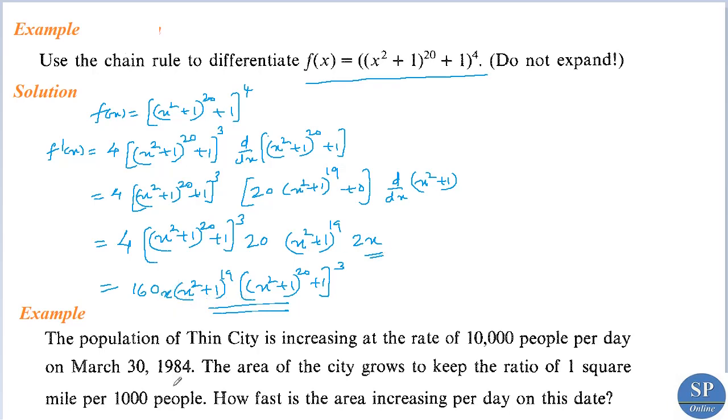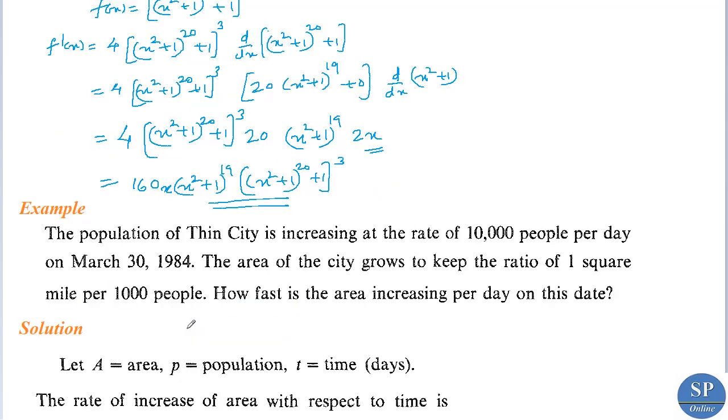Now the next question: the population of a city is increasing at the rate of 10,000 people per day. On March 30, 1984, the area of the city grows to keep the ratio of 1 square mile per 1000 people. How fast is the area increasing per day on this date?